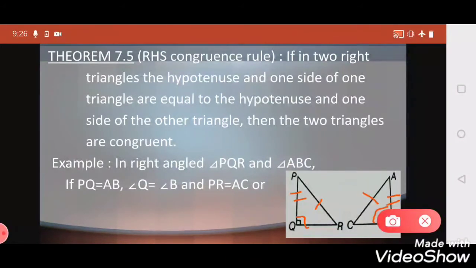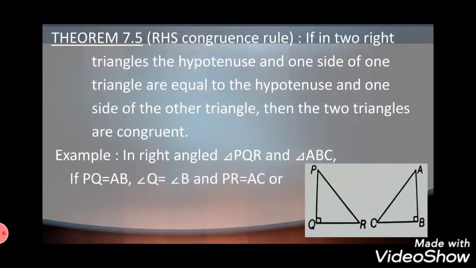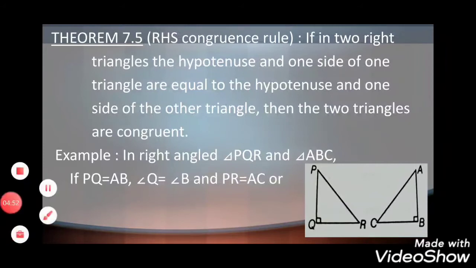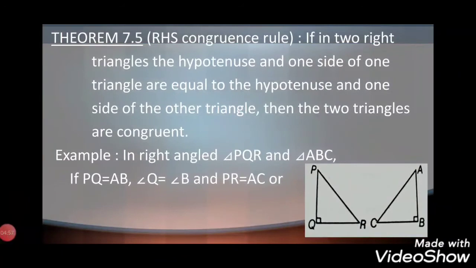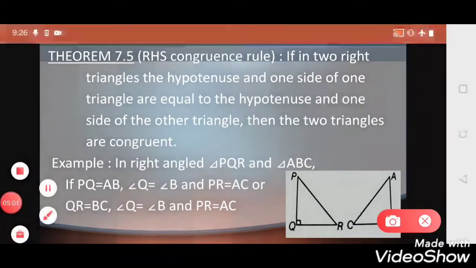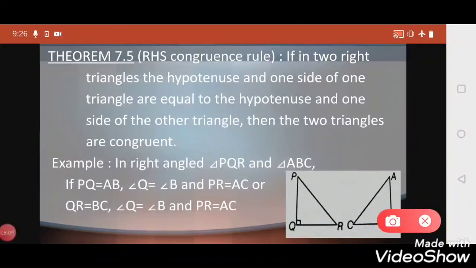Another condition is also possible, in which again the hypotenuse and right angle will be there, and there may be another side also. Let's see this also in the figure. Now the hypotenuse is compulsory, so PR equal to AC.